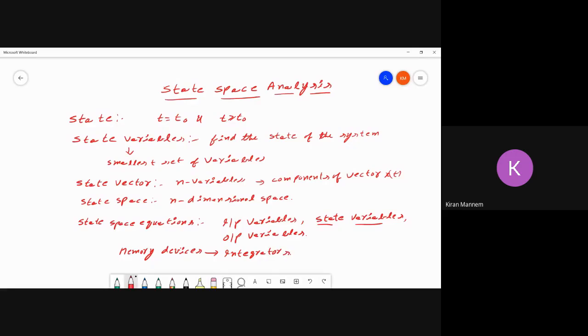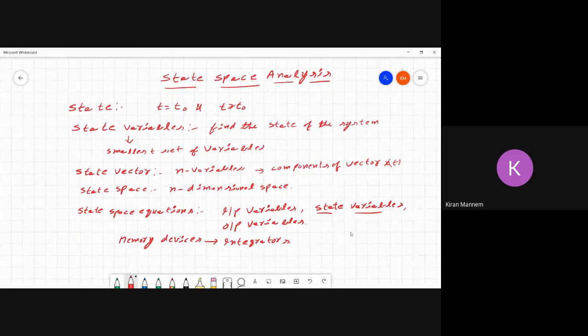So integrators will be used as memory devices to find the state of the dynamic system. Now if you model your system with all these variables, it is called state space equations. So that's about the basic definitions.